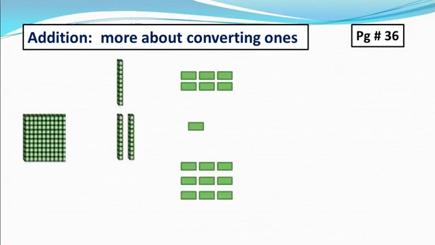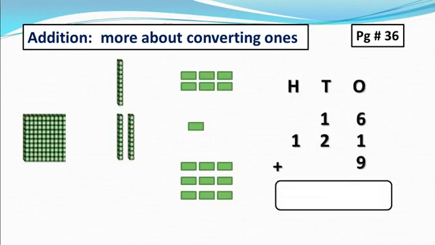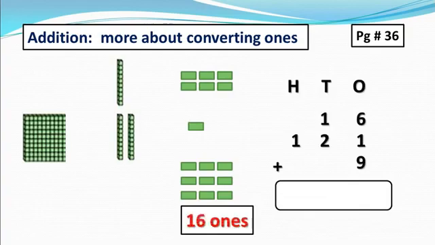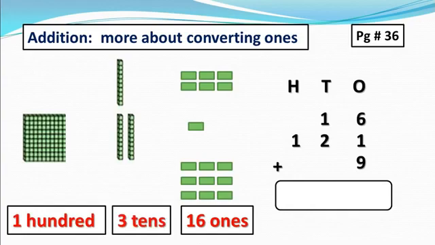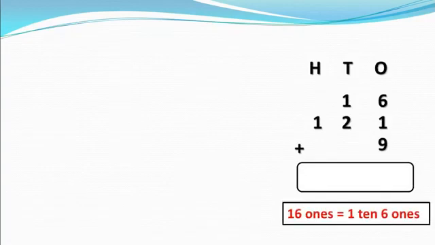Now add them. Start with ones. There are 16 ones, 3 tens and 100. Here we get 16 ones, but we cannot write 16 ones in the ones column. 16 ones equals 1 ten, 6 ones. So here we convert 16 ones into 1 ten, 6 ones.